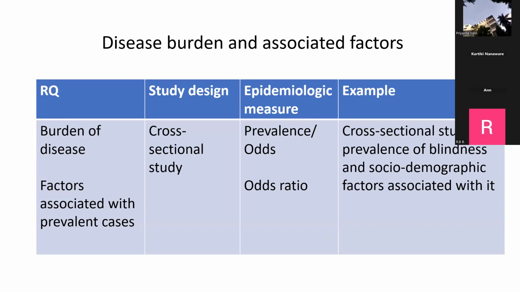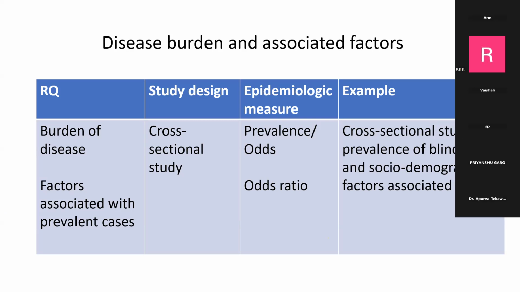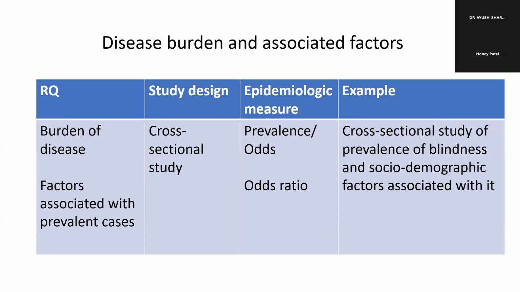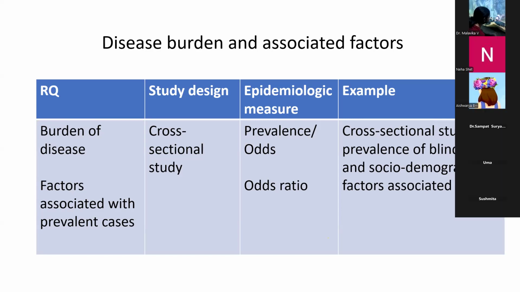So first could be as simple as finding out the disease burden and the factors associated with those prevalent cases. So if your question is about trying to understand what the disease burden is and what are the factors which are associated with the cases you have identified, then you will go in for a cross-section study.